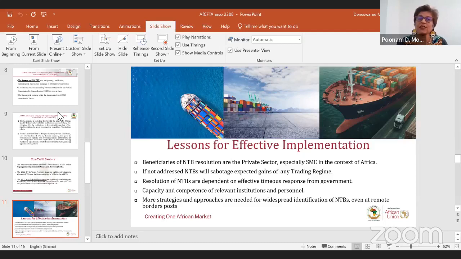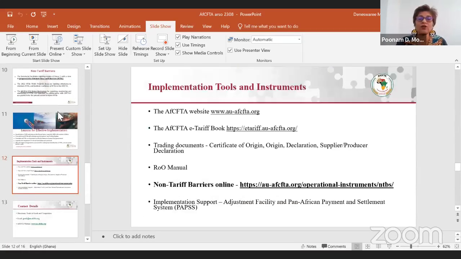So please don't hesitate to let us know about the NTBs you experience when trading within this sector. Here are the tools that are online on the AfCFTA website. You see the non-tariff barriers online tool that I briefly mentioned, but there are also other tools you can use, so that we get feedback immediately from you and can immediately try to resolve your problems.